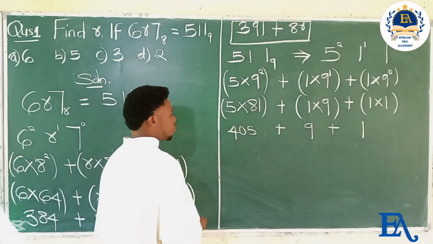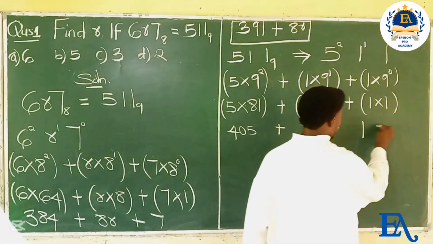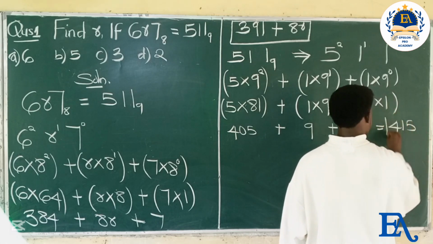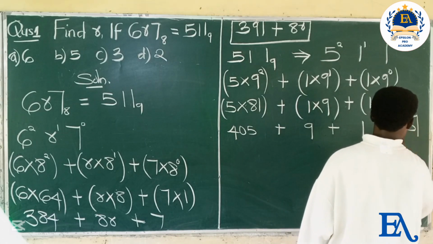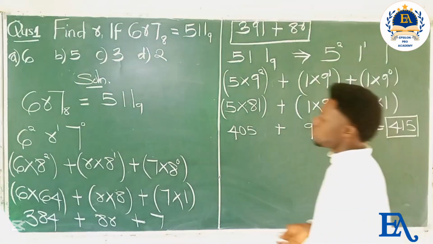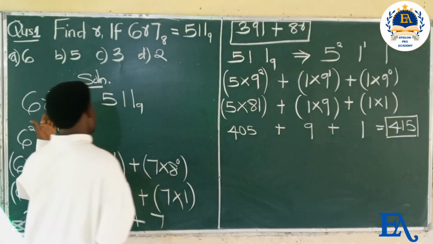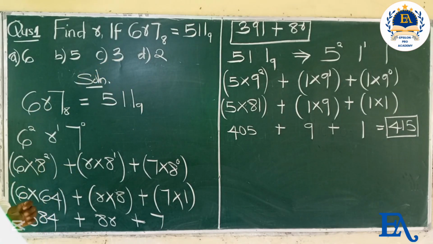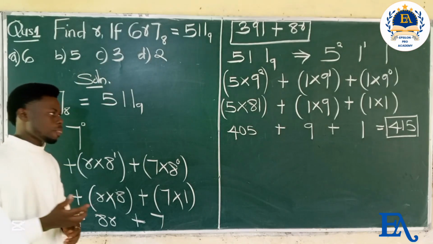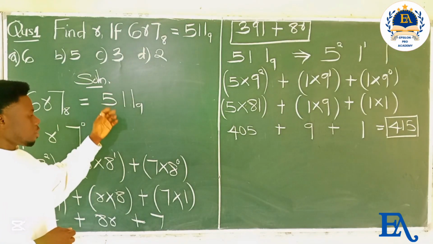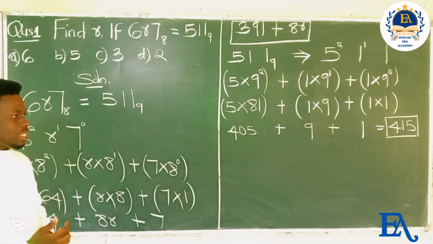If we add up, we obtain 415. Therefore, the result on the right hand side is 415. We have successfully converted the left hand side to base 10 and obtained 391 plus 8R. We have also converted 511 in base 9 to base 10 and obtained 415.